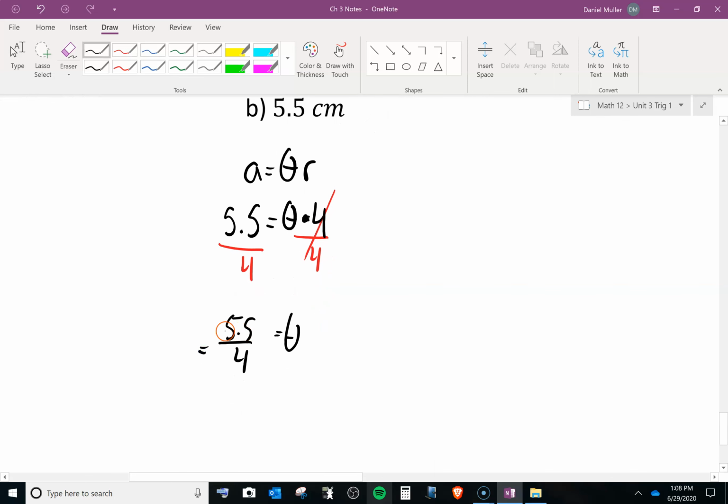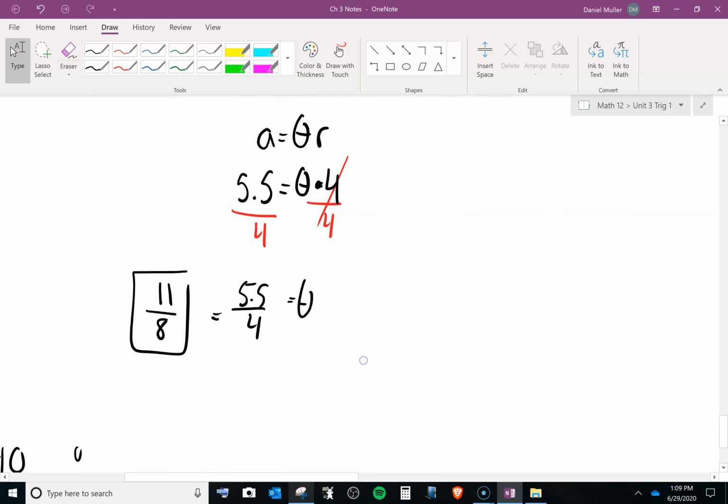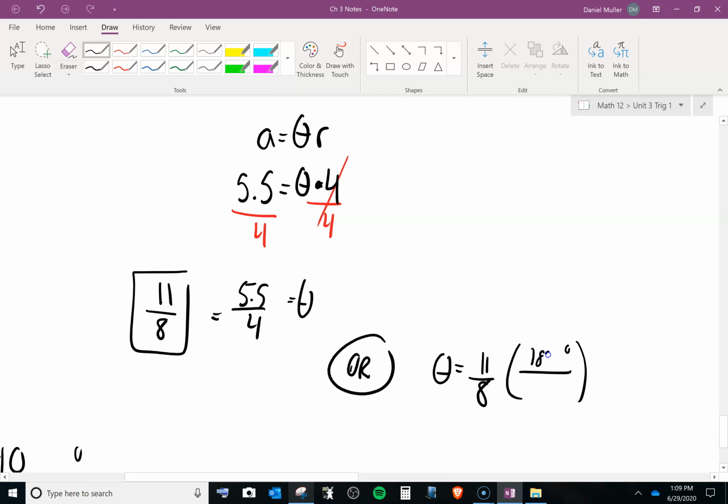Like 5.5 doubled is 11, and 4 doubled is 8. So that's one way of figuring out how to get a fraction without the decimals there. So that's what my radians is, but I want it in degrees as well. So I'll put degrees on the top, put 180. And pi on the bottom.